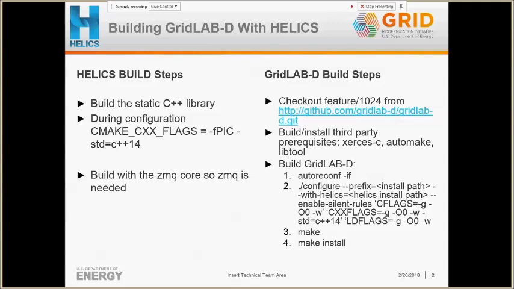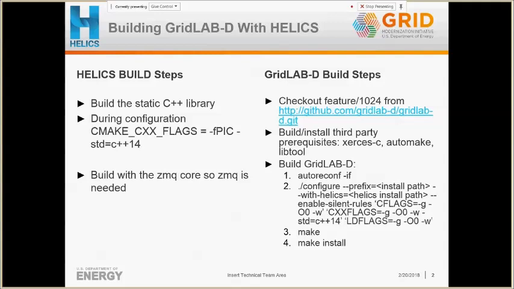But this --with-helix is necessary because you need to tell the GridLAB-D build scripts where Helix was installed. If it was installed to the system, then you would put /usr/local or something like that. The enable-silent-rules is also optional. It removes a bunch of warnings and makes the build output clean.